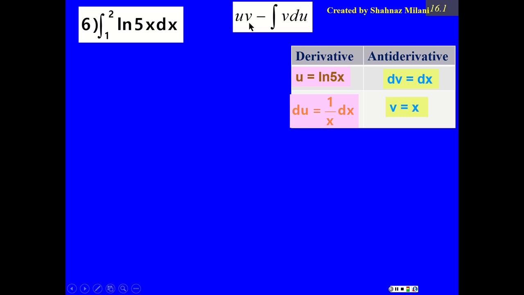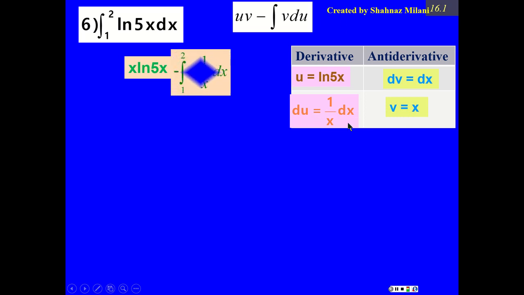In this one, I'm going to write it down: v, which is x, times u, which is natural log of 5x. Then, the antiderivative of v, my v is going to be x, du is going to be 1 over x dx.